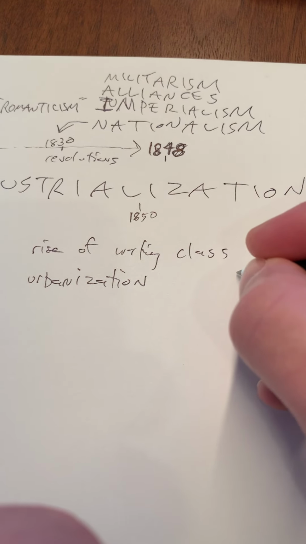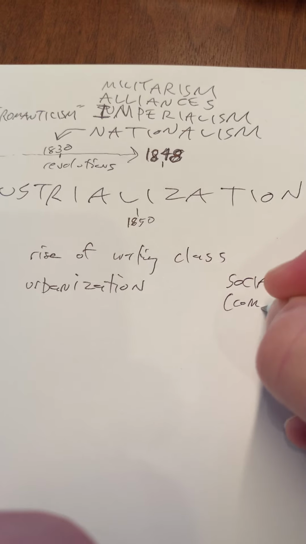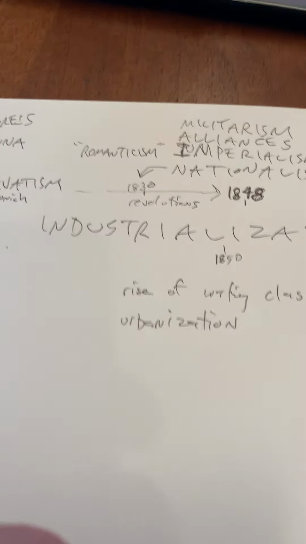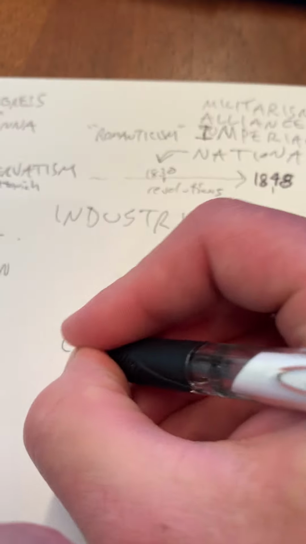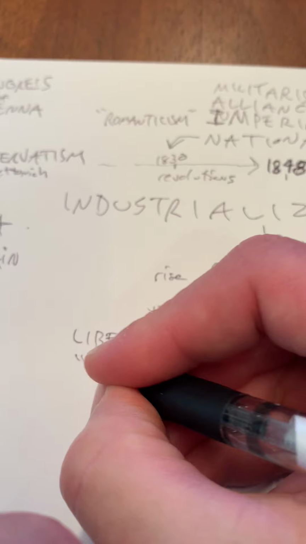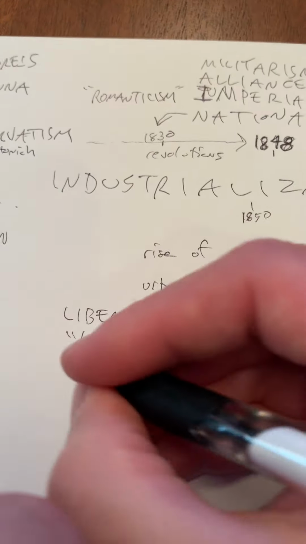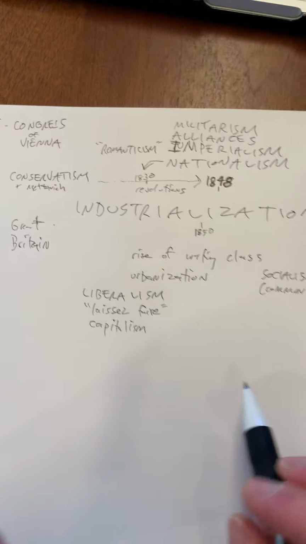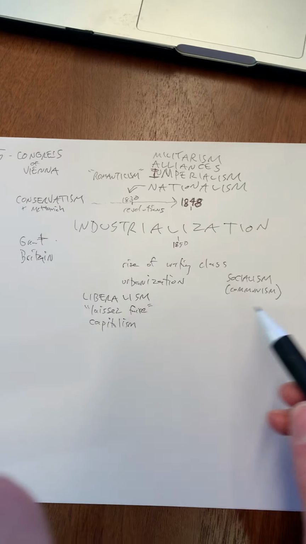You have ideas like socialism and the extreme form of socialism, communism. You have people who are very upset about that. Also, you have the industrialists, and you've got liberalism and the ideas of Adam Smith, like laissez-faire economics, and that's part of capitalism. So you've got all these strains running through this period.